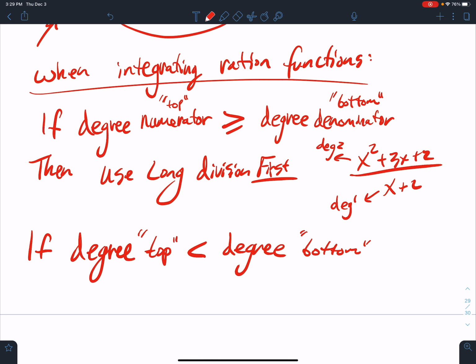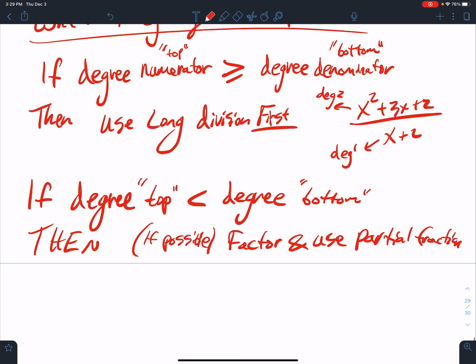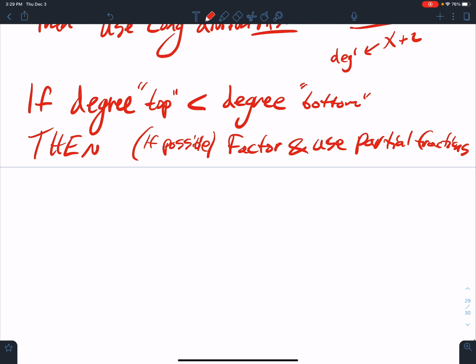then what happens? Then, only if it is possible, factor and use partial fractions. If it's not factorable, then don't worry about using partial fractions. So we're talking about factoring it, breaking it down.